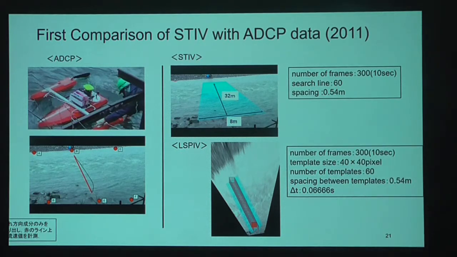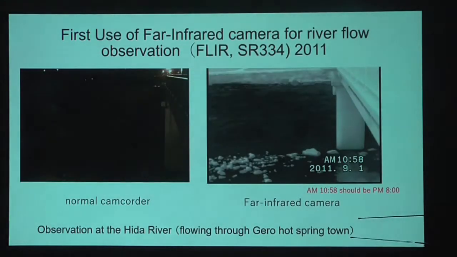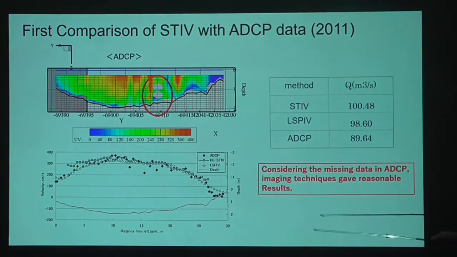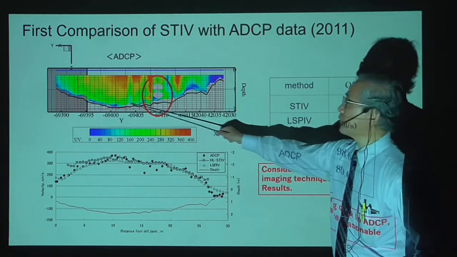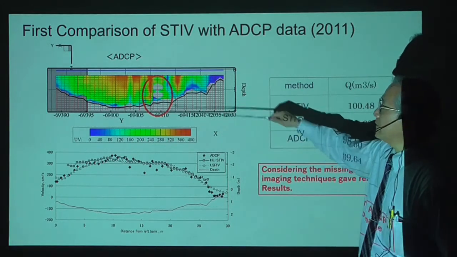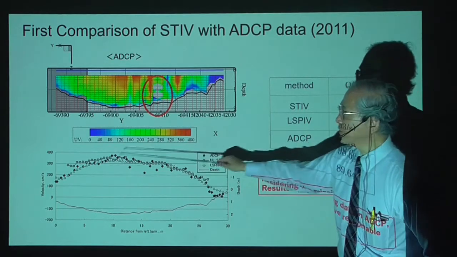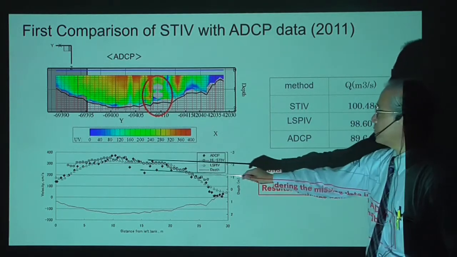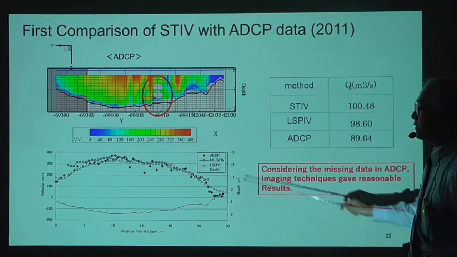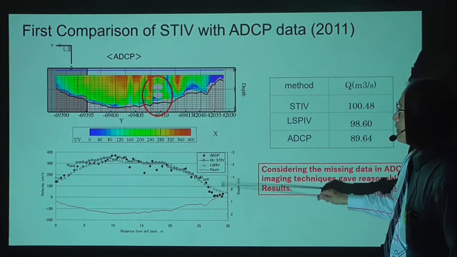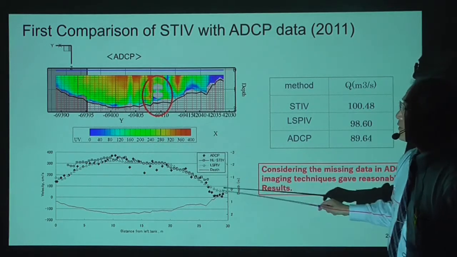And in this case, the ADCP has this kind of profile. This is a missing area. And if you look carefully, the ADCP distribution closest to the water surface is in good agreement with the velocity distributions of LSPIV and STIV.